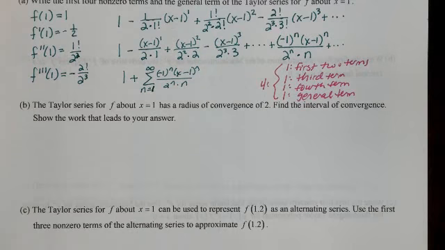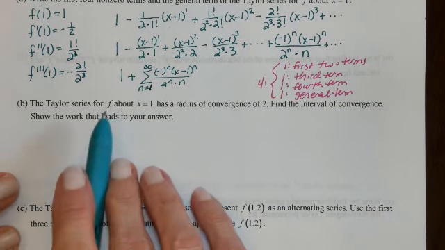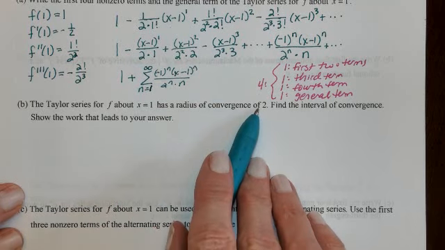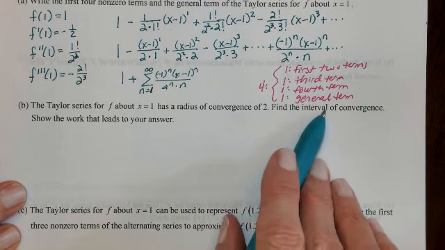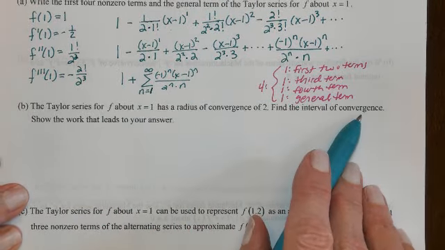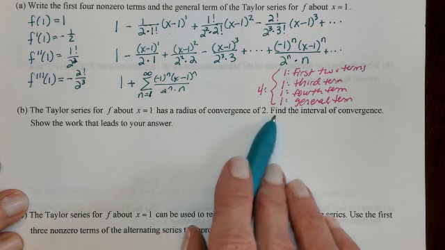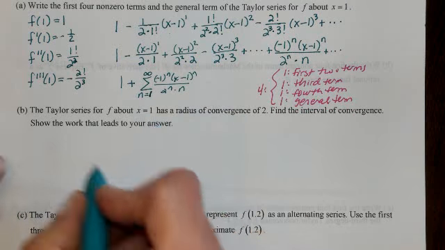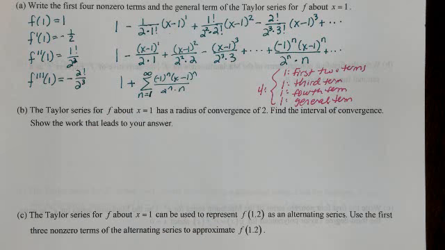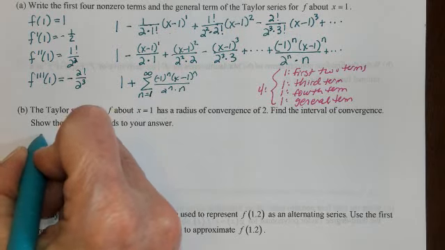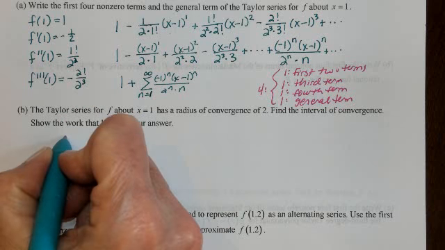That's all right. Part B, the Taylor series for f about x equals 1 has a radius of convergence of 2. Find the interval of convergence. Okay. Well, if we have a radius of convergence of 2 centered at 1, that means that if I did the ratio test, I would get this.